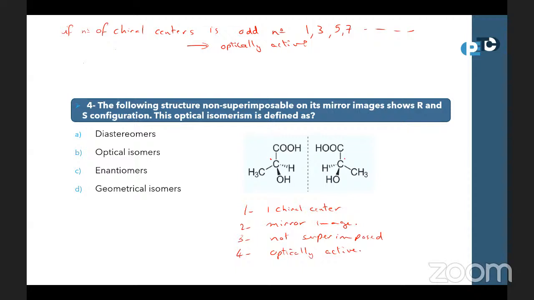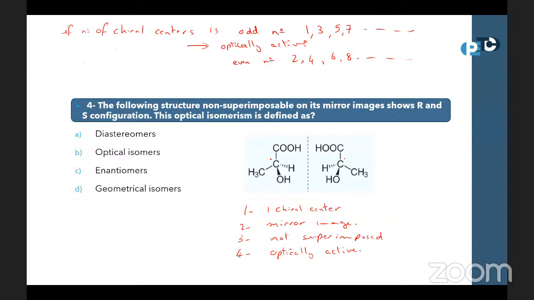While if the number is an even number, 2, 4, 6, 8, and so on, here we should do another thing. We should look into the compound.